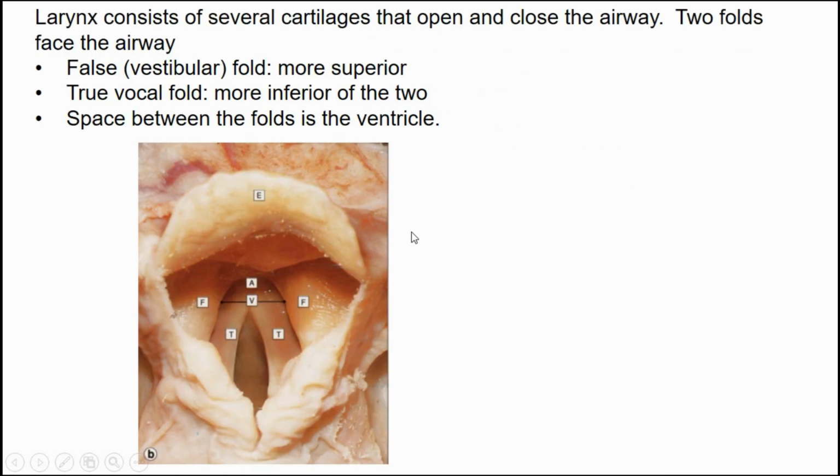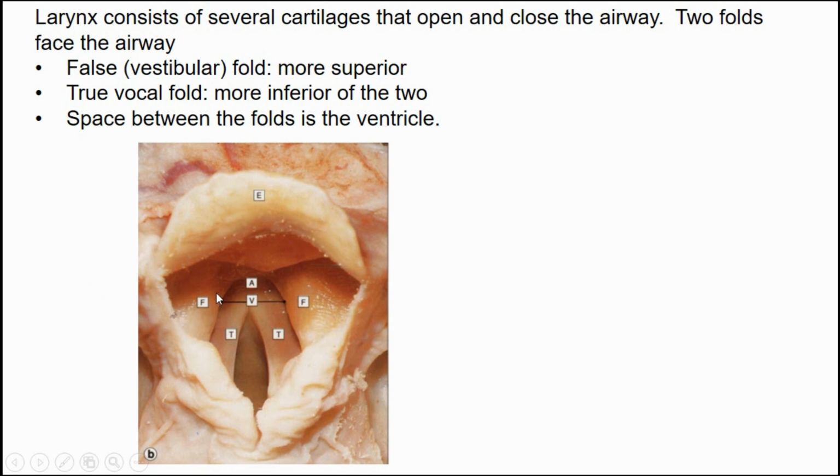Now we move from the nasal cavity to the nasopharynx, down the oropharynx, and then as we breathe, the air gets diverted into our larynx and away from our laryngopharynx, where we'll eventually get our esophagus. So the larynx, right here, we have the epiglottis, just posterior to the tongue.